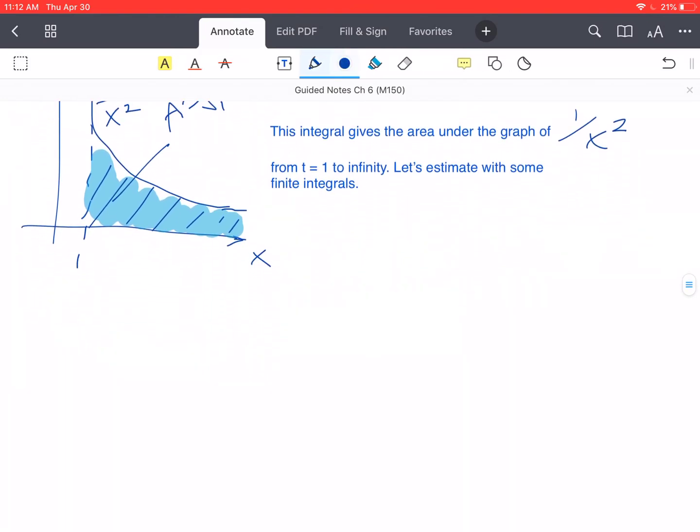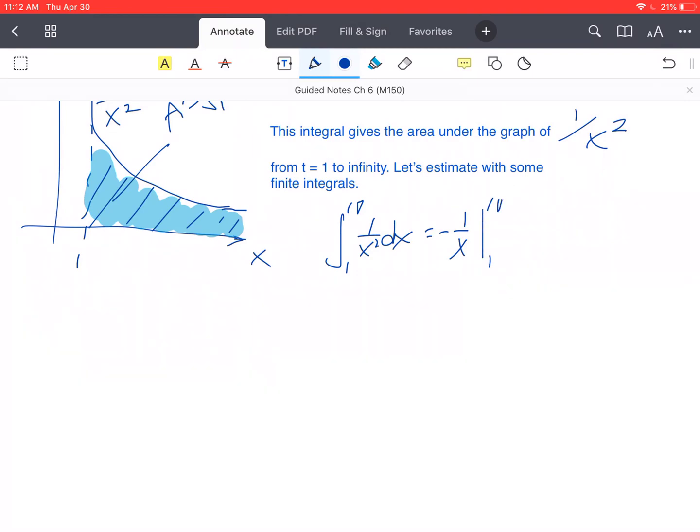So let's start off with the integral from 1 to 10. Just nice easy numbers here. Take the antiderivative of 1 over x squared. That's going to be negative 1 over x. You'll need the power rule for that, because it's x to the negative 2, and that's how we can rewrite it.